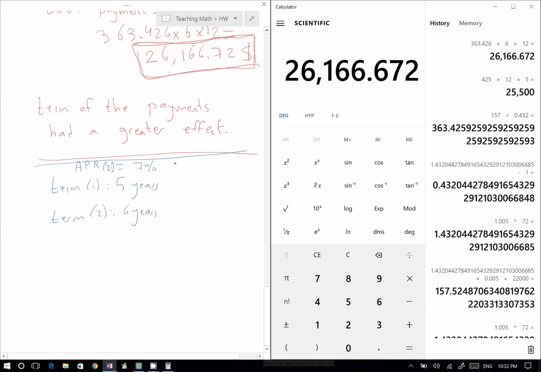Okay. So I need to use the same monthly payment formula. So monthly payment is equal to amount multiplied by R multiplied by 1 plus R raised to the power T, divided by 1 plus R raised to the power T minus 1.